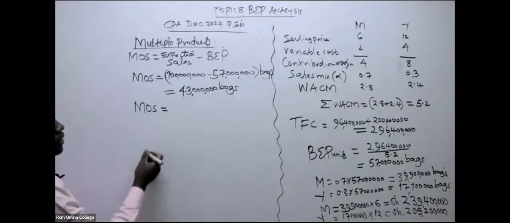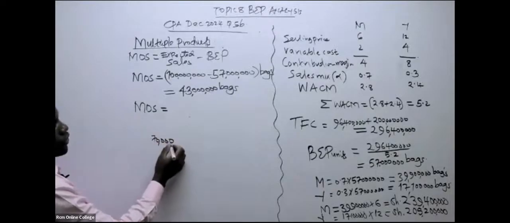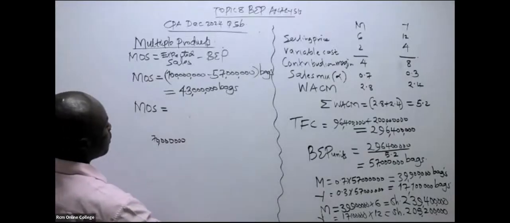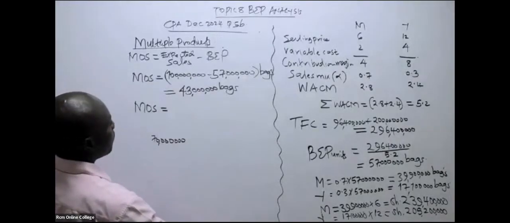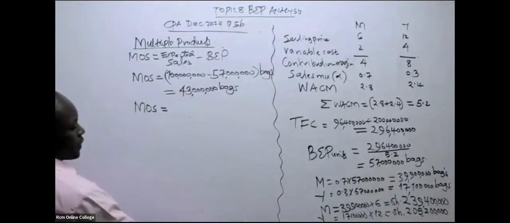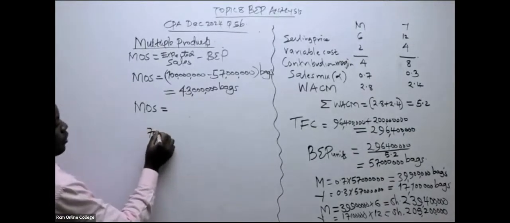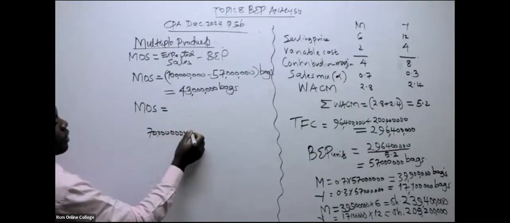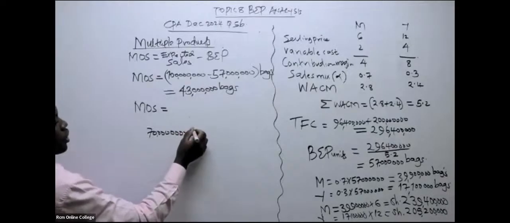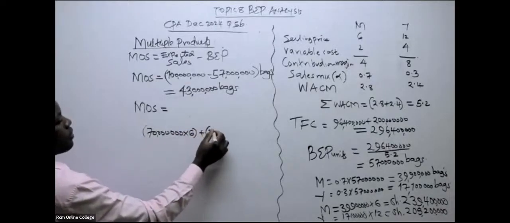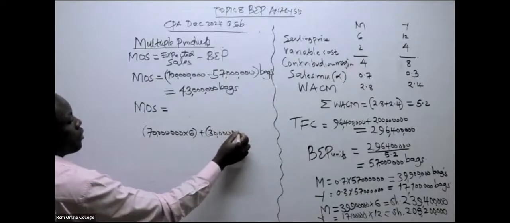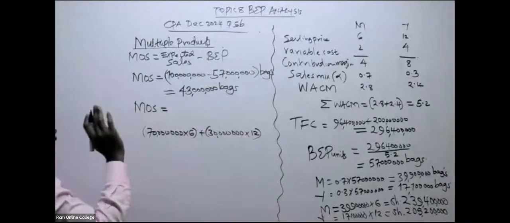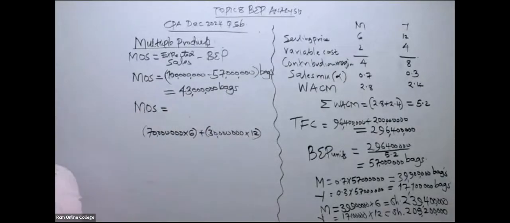The expected sales was 70 million bags of product M whose selling price is 6 shillings, plus 30 million bags of Y, and each was going for 12 shillings. What was our total expected sales in shillings?